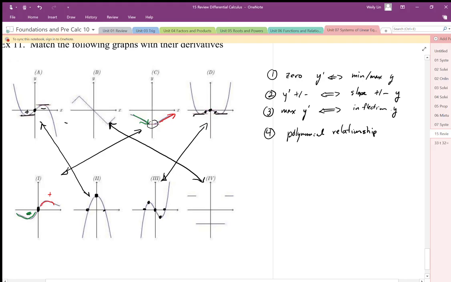I should have 4 arms here, 1, 2, 3, and it's probably going to go down there. So we can relate it in terms of the shape. Here a 4th degree should relate to a 3rd degree, and a 3rd degree should relate to a 2nd degree function. So there is also this polynomial relationship that we can use to help connect graphs to each other.